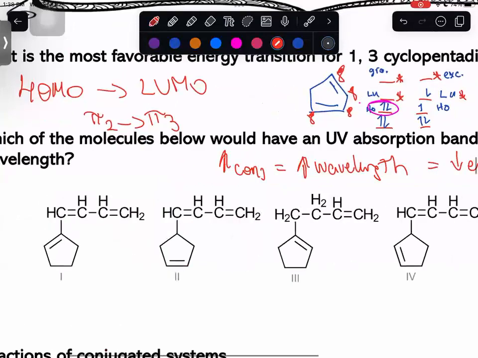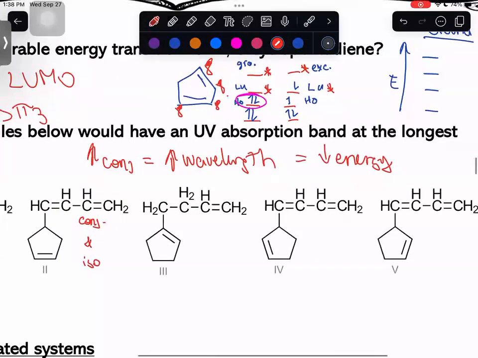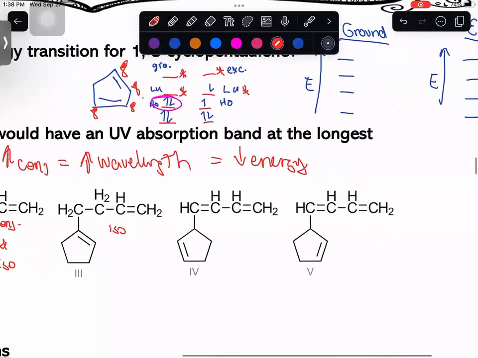So in this case, let's start by looking at each molecule on its own. Molecule 1, what kind of pi system do we have? Conjugated. Molecule 2, conjugated as well. And what other system do we see? And isolated. Molecule 3 is just isolated. Molecule 4. Isolated is just whenever your double bonds are completely far away from each other.